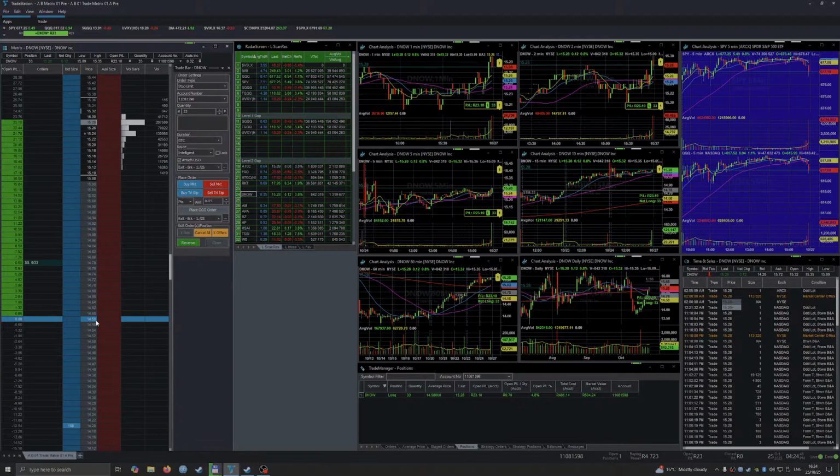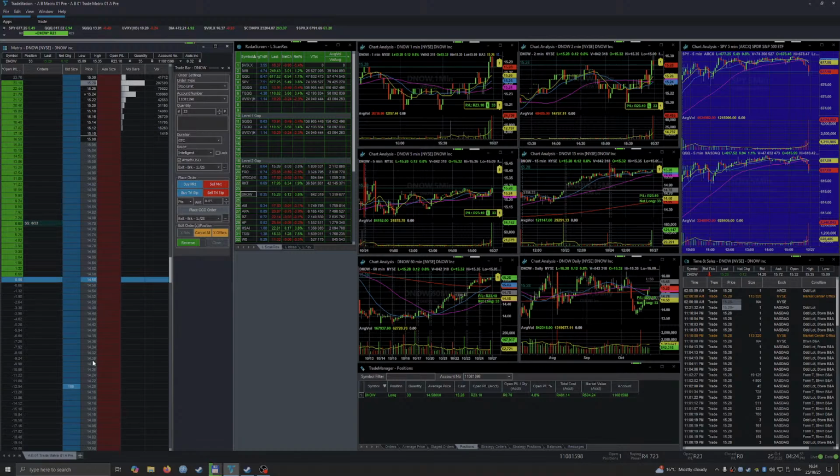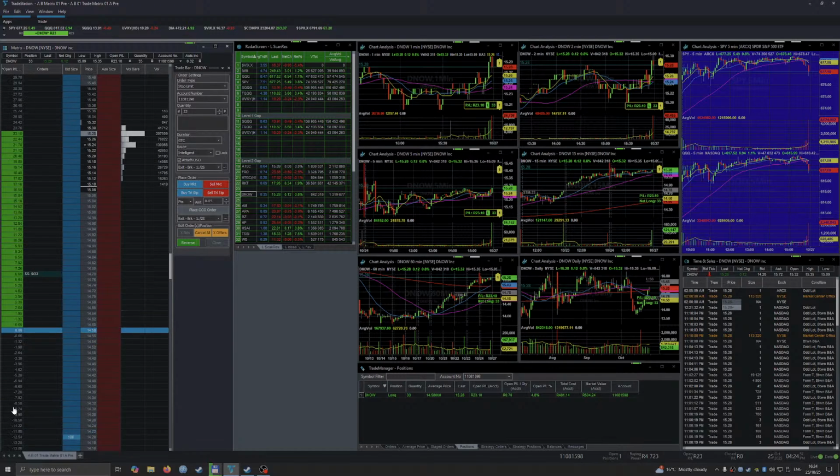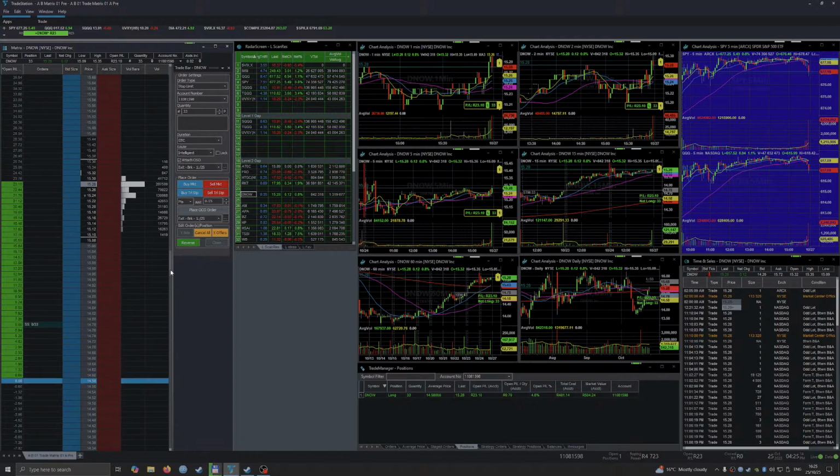My stop loss was 14.30, if I remember correctly. So I had like a 30-cent gap. So if the price dropped to 14.30, I sold my shares when I took the $10 loss. I took 33 shares because that's what it dictated.